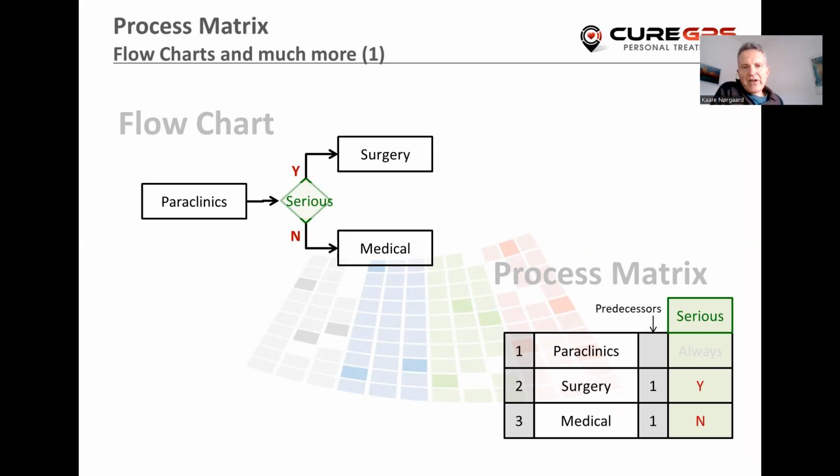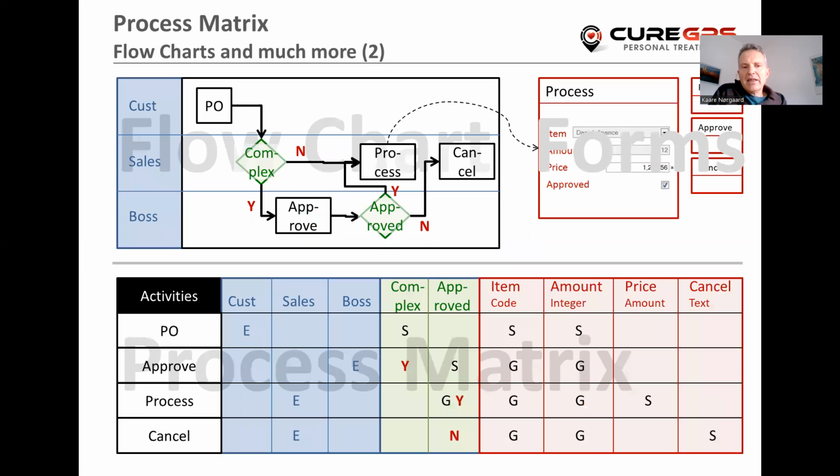So if there are 3 activities, paraclinics, surgery, and medical, and you have to decide whether you have surgery or whether you have the medical treatment, which is what you see here, that's also depicted in the process matrix. And you saw the green areas which will determine which variant you are in or you have to have in that specific case. The further comparison is here, which is still the same flowchart with forms and the similar process matrix underneath it.